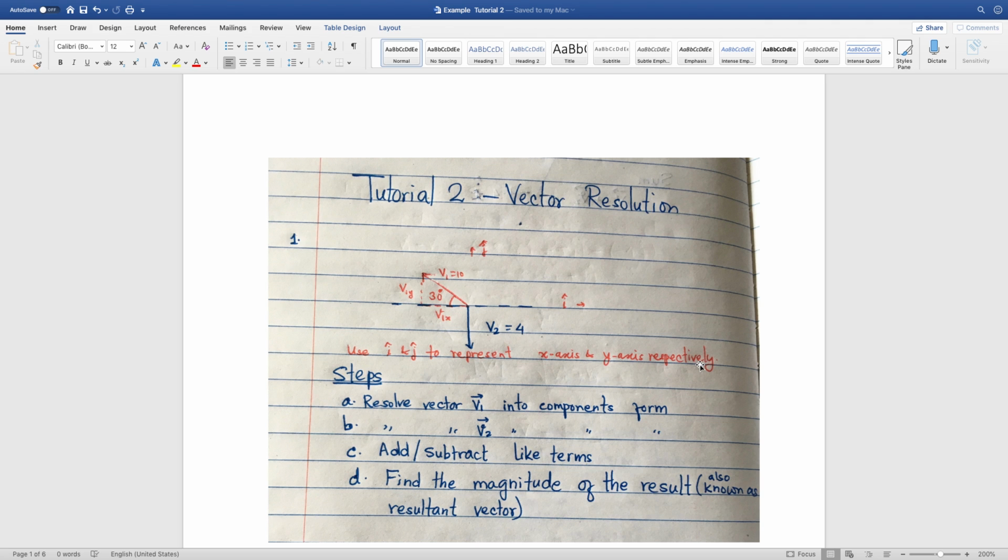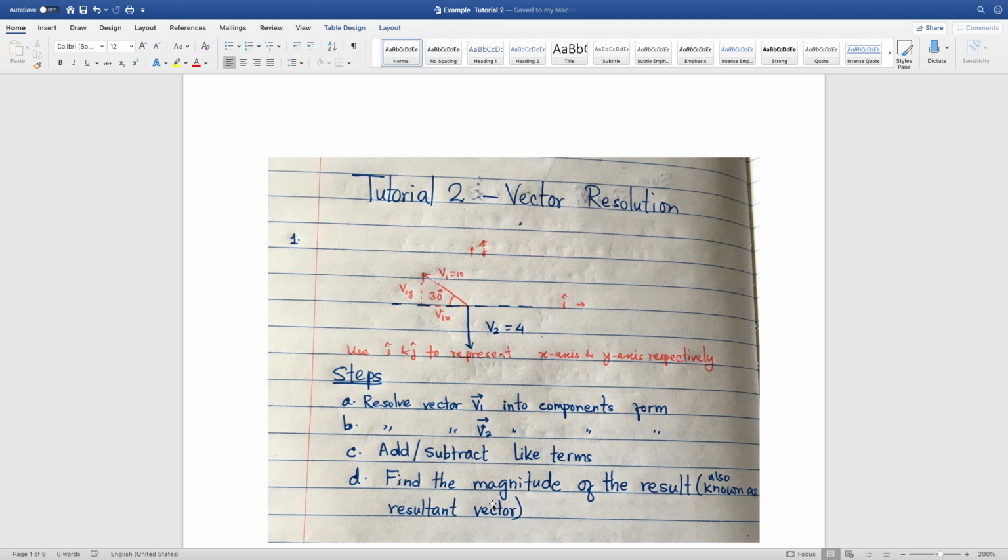Then there are 4 steps to do. The first step is to resolve vector 1 into component form, the second step is to resolve vector 2 into component form, the next step is to add the like terms from those component forms, and then the fourth step is to find the magnitude of the result, also known as the resultant vector.